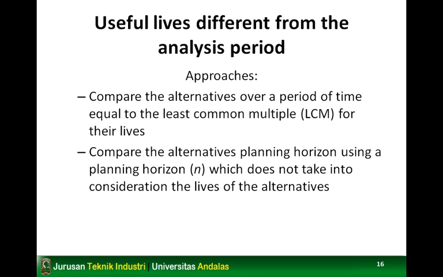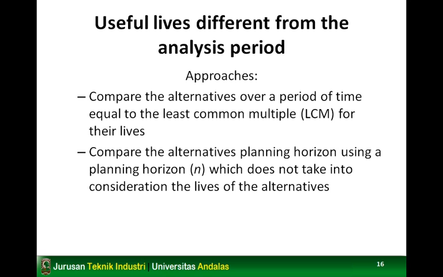In Bahasa Indonesia, LCM is KPK, kelipatan persekutuan kecil. The second thing that we can do is compare the alternatives using a planning horizon which does not take into consideration the life of the alternatives.